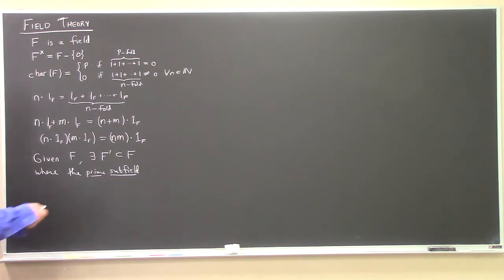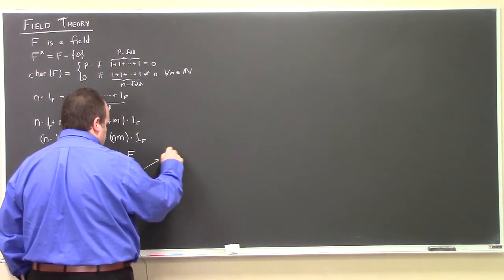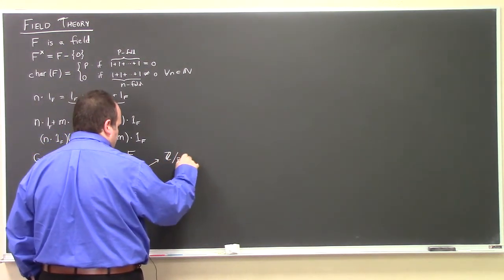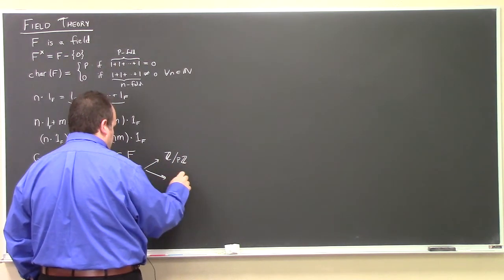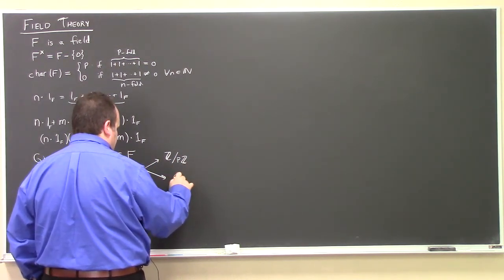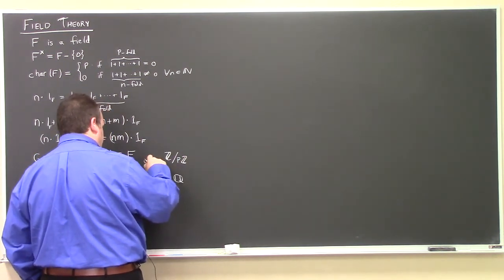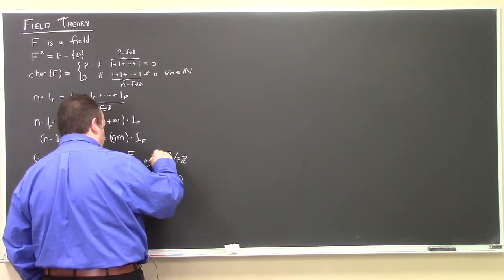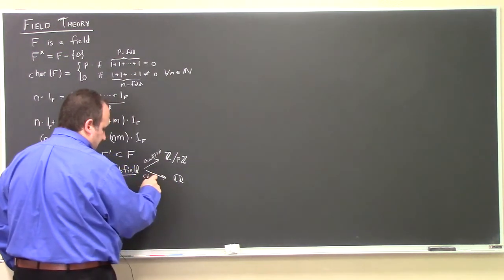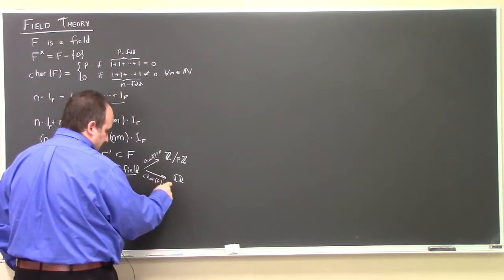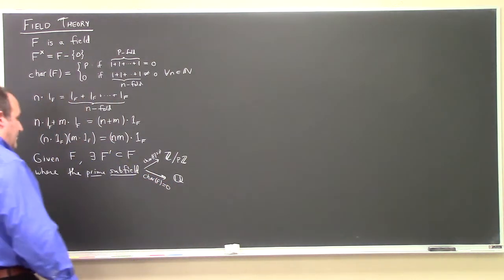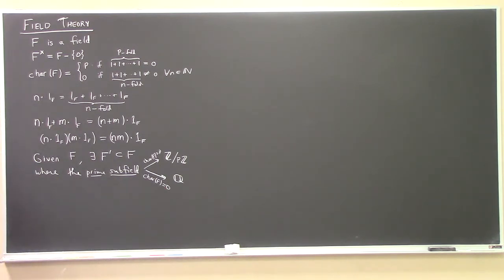And so the prime subfield either is Z mod pZ, which is characteristic p, or it's the rationals, which is characteristic 0. So those are your choices for the prime subfield.